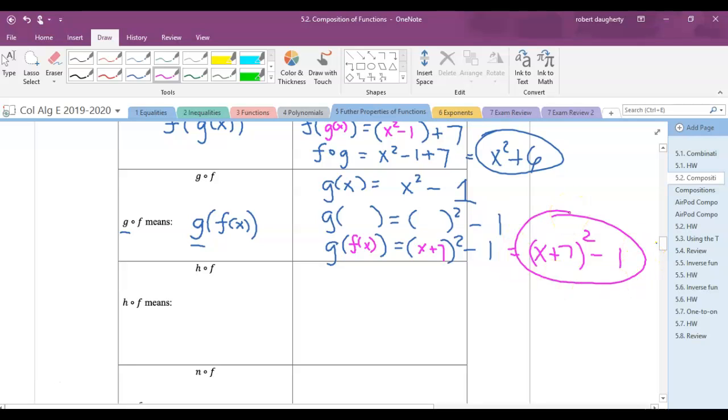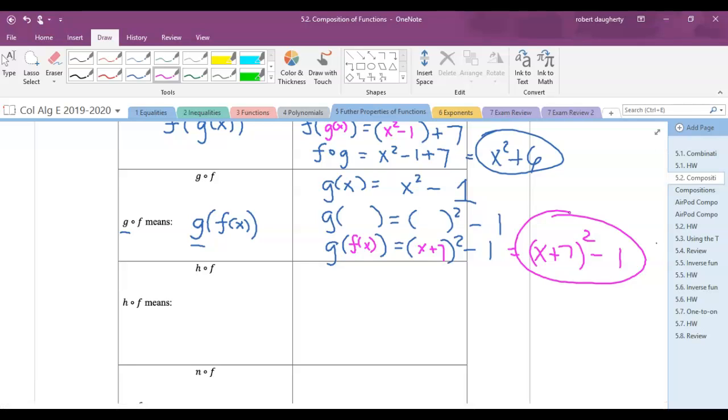Now some teachers will make you multiply this out. I don't, because we just spent a whole unit taking stuff that looked like this and getting it to look like this. I'm not going to make you multiply it out because there's nothing else to do with it. Okay, so I'll trust you on that one.